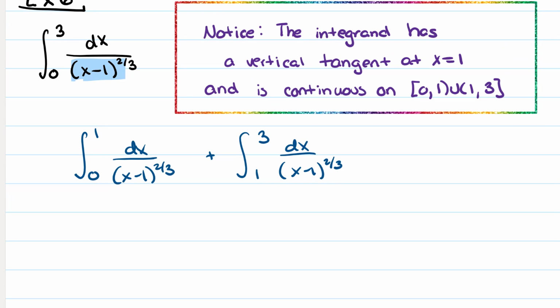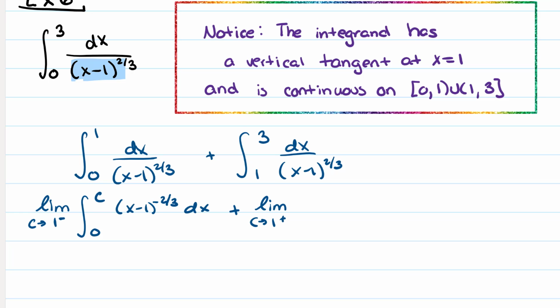So we write this as the limit as c approaches 1 from the left, because it's the top endpoint, and I'm going to write this from 0 to c of (x minus 1) to the negative 2/3. Bringing up that fraction is going to make the integrating so much easier. Plus the limit as c approaches 1 from the right, because now you're replacing the bottom limit, of (x minus 1) to the negative 2/3, from c to 3.